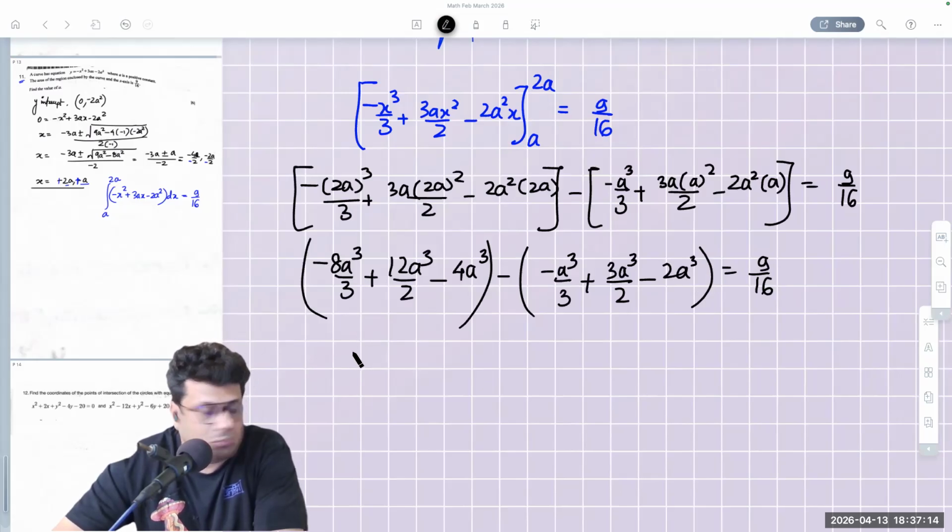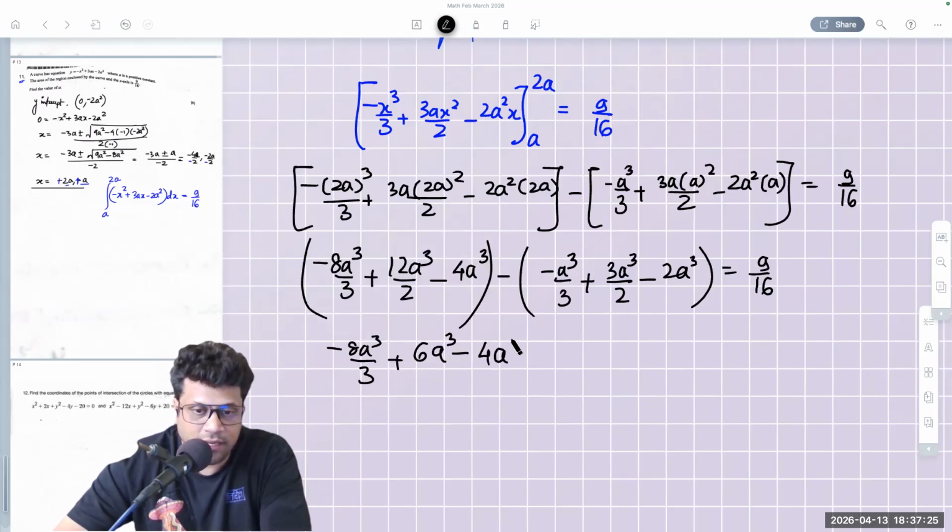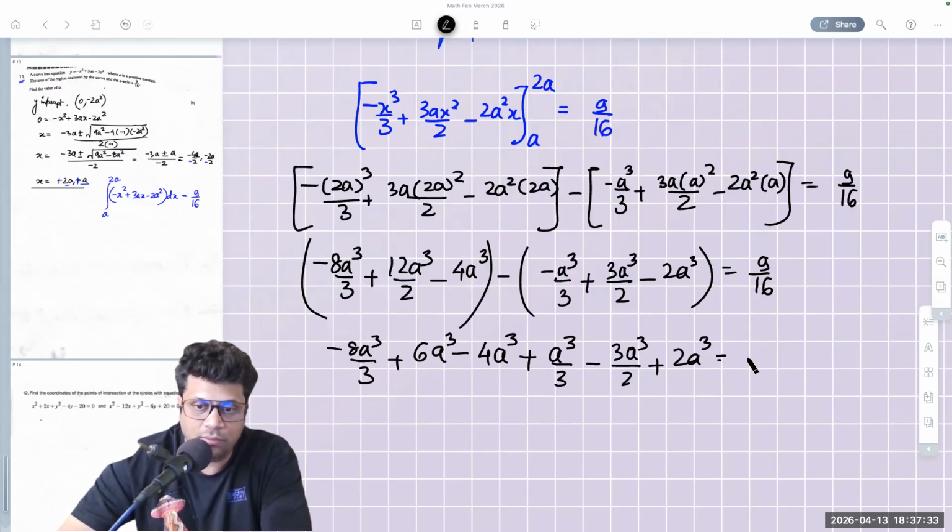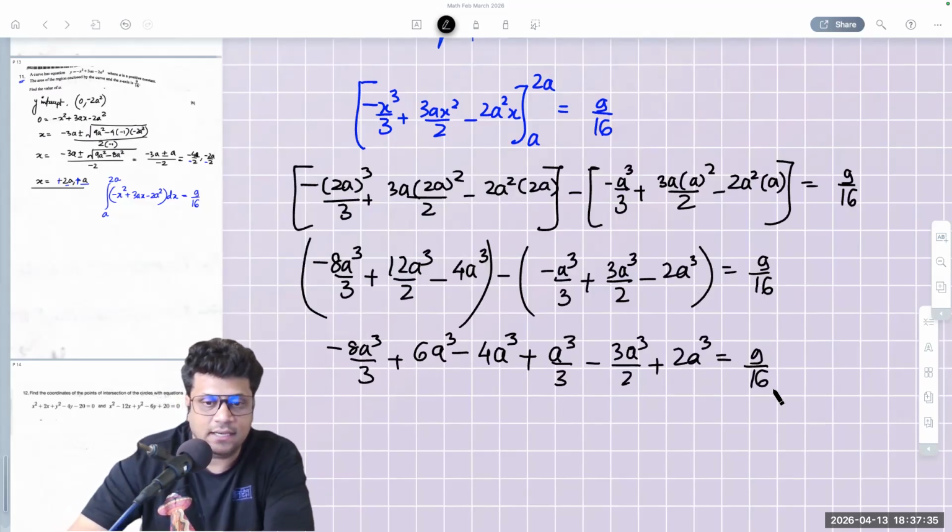Okay, so it's negative 8a³/3 plus 6a³ minus 4a³ plus a³/3 minus 3a³/2 plus 2a³, and it's 9/16.